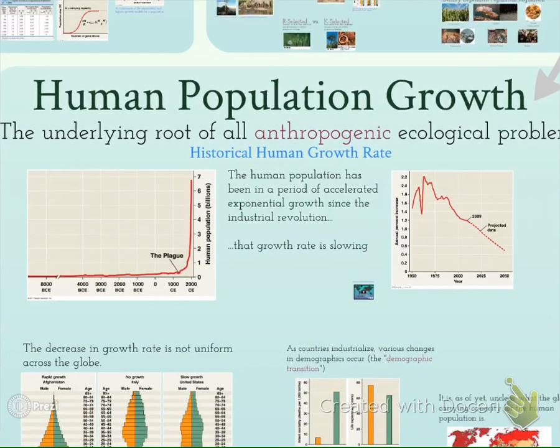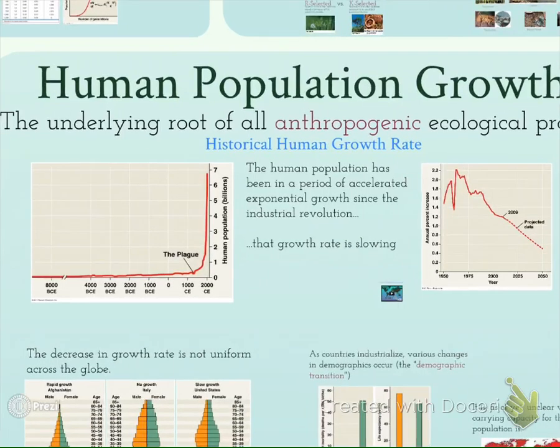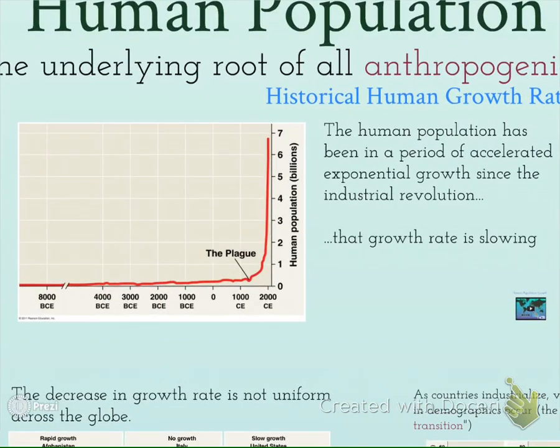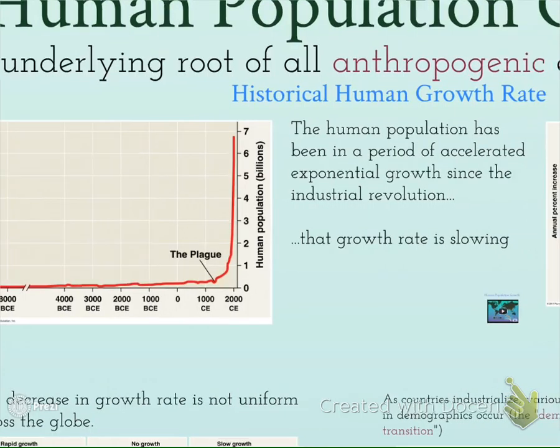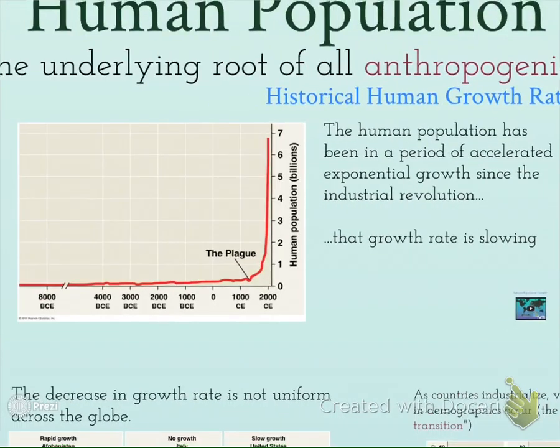So historically, human population around the Industrial Revolution took off, exponential growth. And so if we look at the graph, I'll go back here. If we look at the graph, there was actually a small dip in human population during the Middle Ages because of the plague. Industrial Revolution happens, invention of modern medicine happens, people start living longer, people start having more babies, human population growth explodes.